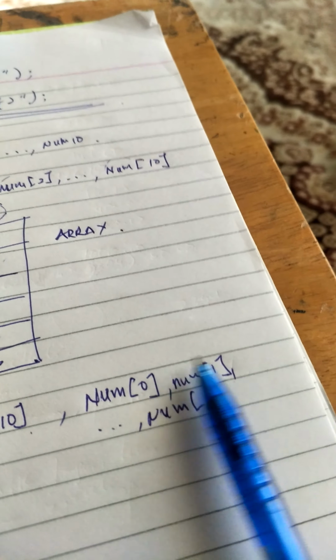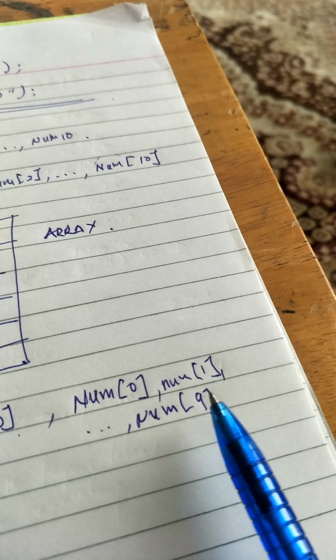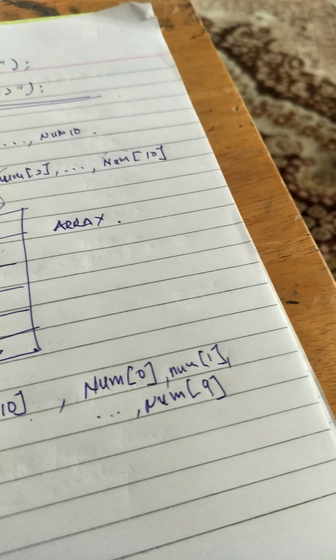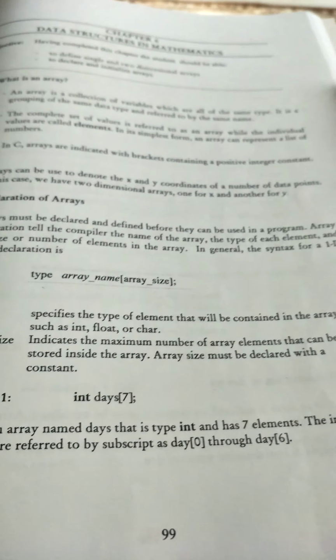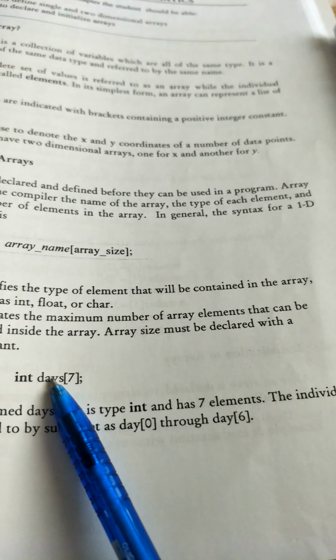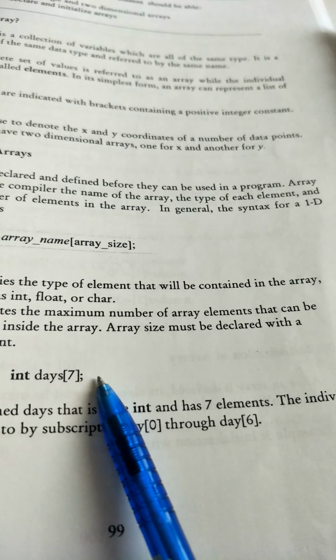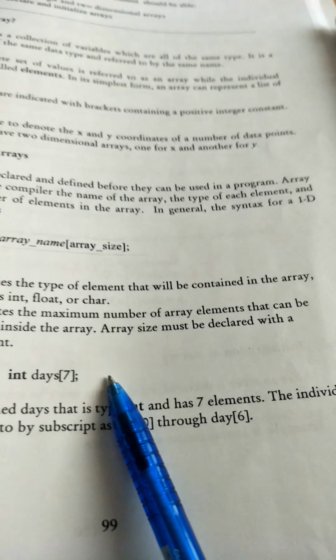In this case, we call each one an element: num 0, num 1, num 2, up to num 9. So in this example there's 7, which means we have 7 elements, beginning with days 0 up to days 6. That gives you 7 elements.